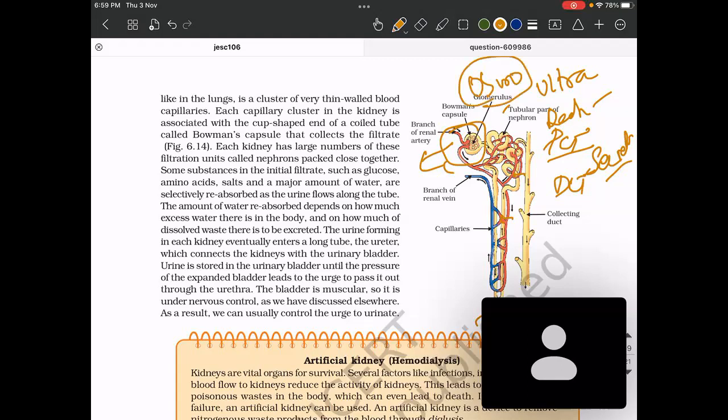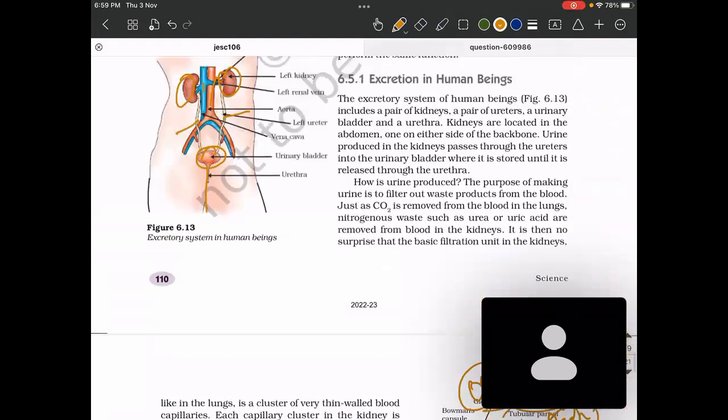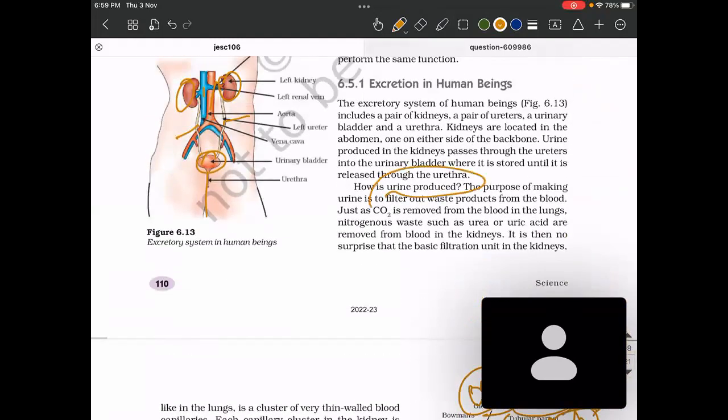Together, ultrafiltration, reabsorption, and secretion result in what? Urine formation. Okay, so that's the main function of the kidney, right?